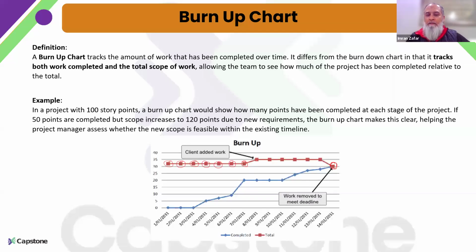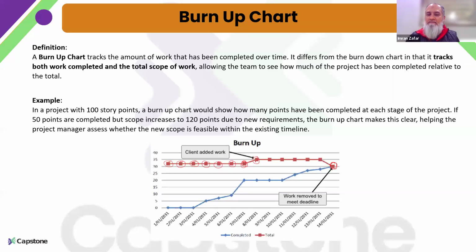This not only tells us about the work that was initially planned, the features or the user story points that were there, but this also informs us if any new work is added later on. Maybe after some time your client asked you to add some more user stories to your product backlog.